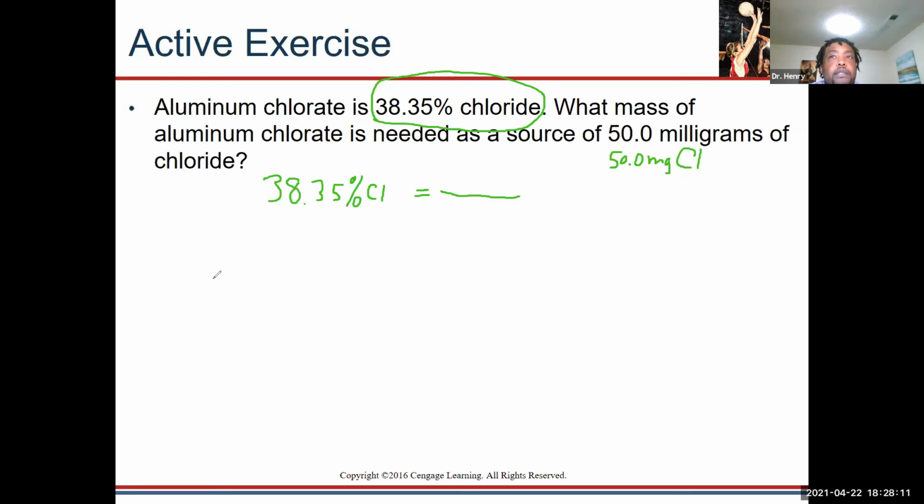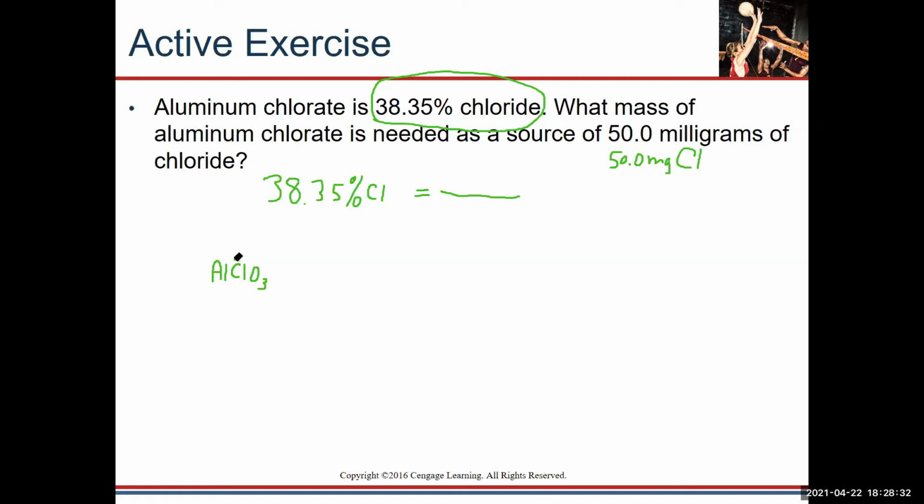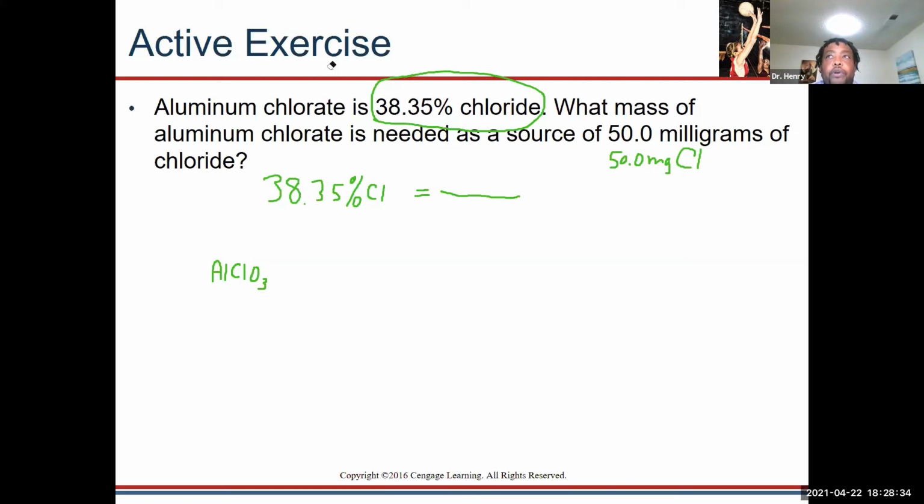Would it be Al(ClO3) and then you need parentheses. Would it be 3 and 2? So you need 2 aluminum. Do I need 2 aluminums? What is the charge on chlorate? -1. You just need 3 of the chlorates.